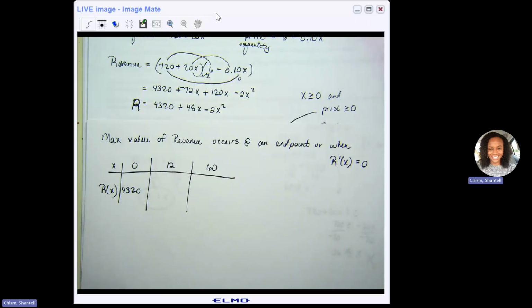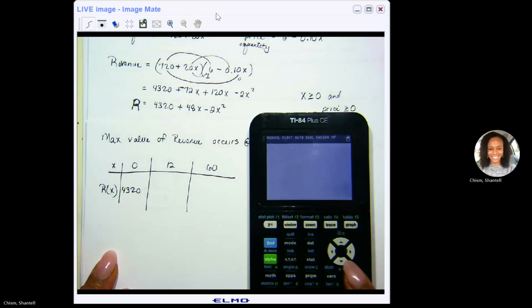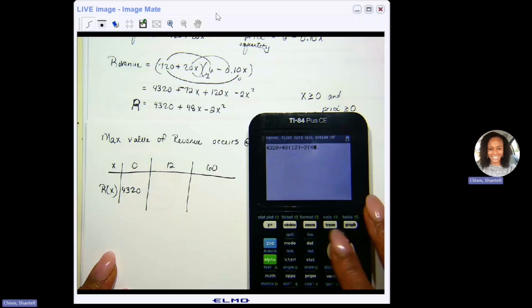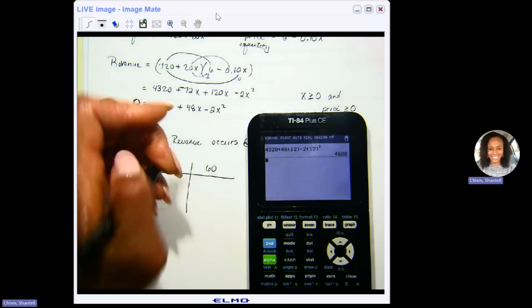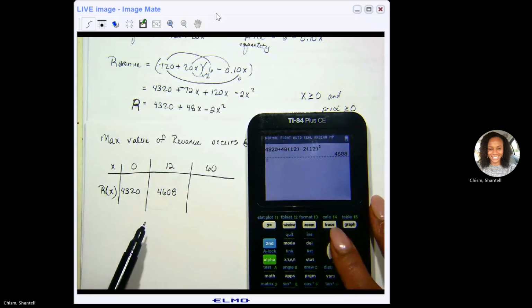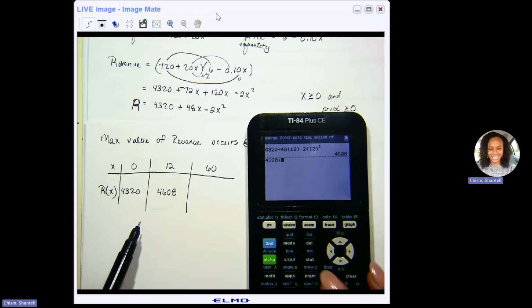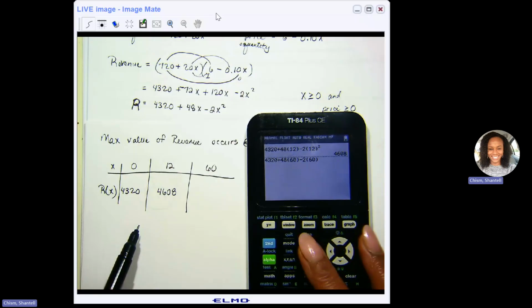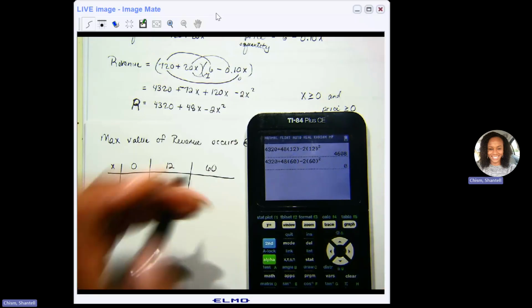When I plug in 12, let's see what we get. 4320 plus 48 times 12 minus 2 times 12 squared. So we get 4608. And then lastly, when I plug in 60, 4320 plus 48 times 60 minus 2 times 60 squared, we get 0 there.